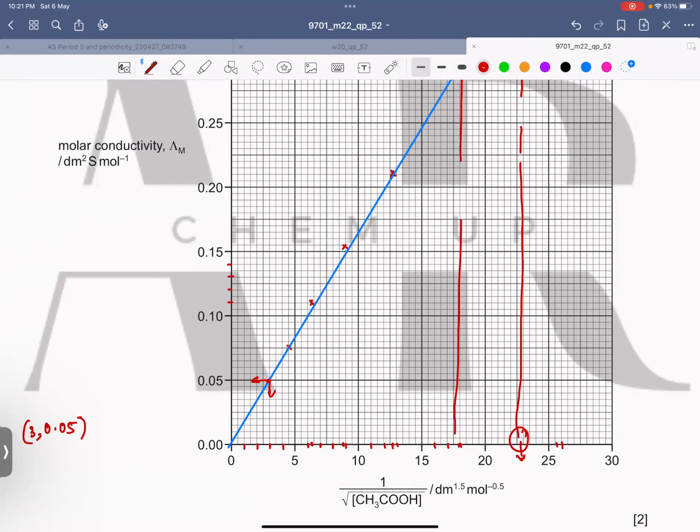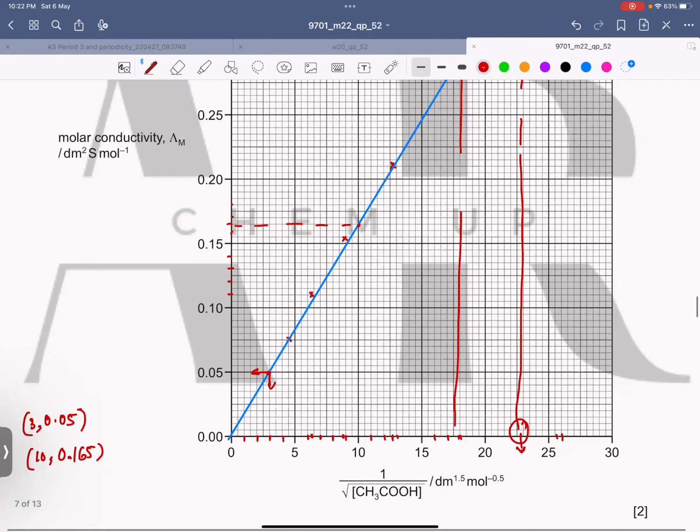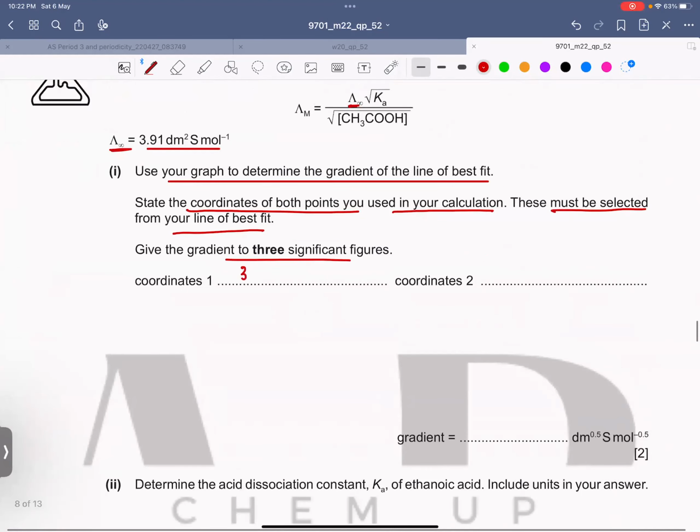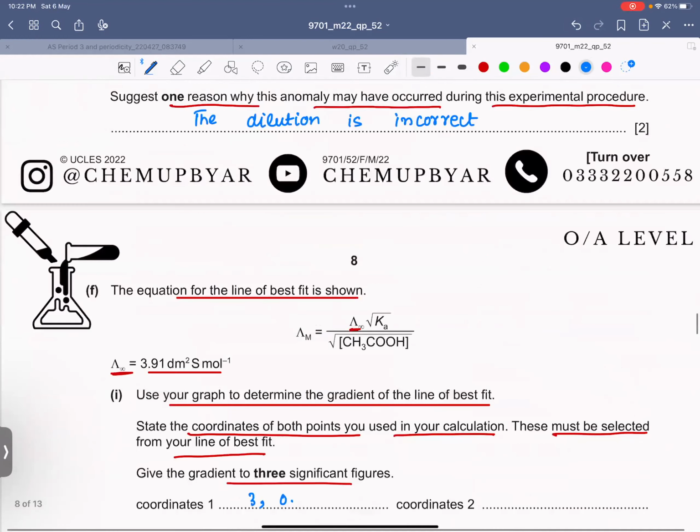The second one which I can go for, maybe this one. On x-axis it's 10. And on y-axis it's actually 0.165. So we have chosen the points, at 3 and 0.05.